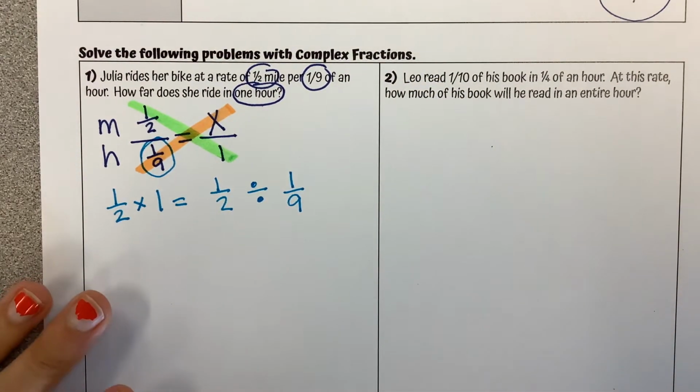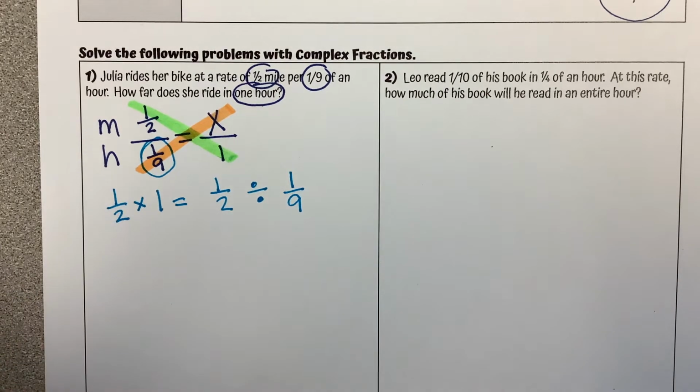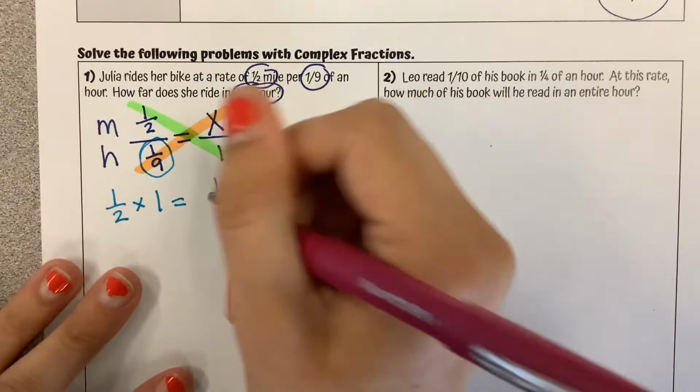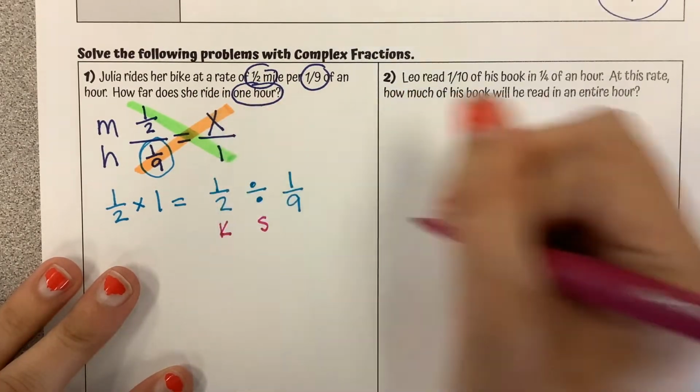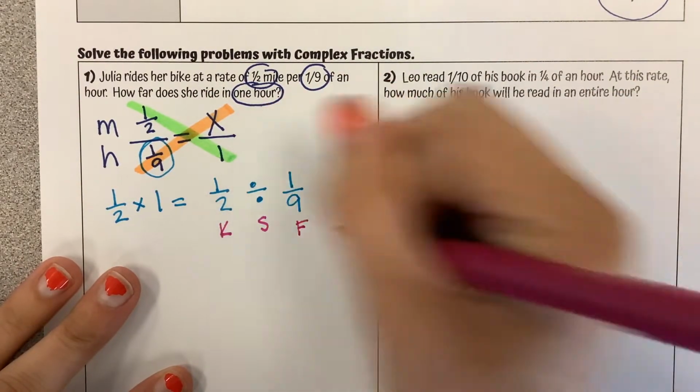Now we have fractions that we need to solve. So 1/2 divided by 1/9. When we are solving fractions, we need to keep it, switch it, flip it. So I'm keeping the first number, I'm switching the operation, I'm flipping the second number.